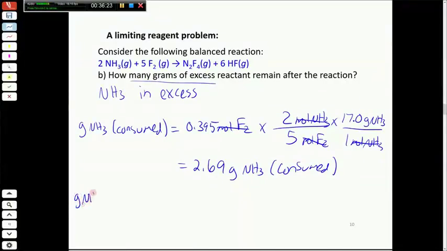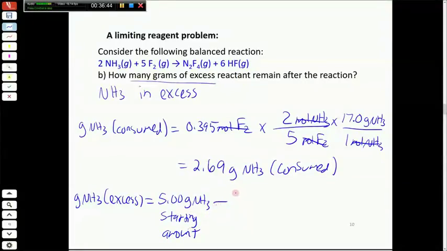So the mass of NH3 that's in excess is the amount we started with. So at the very beginning we told you that we're putting in 5 grams of NH3. So this is our starting amount. We subtract out the amount that is consumed in the reaction, which we just determined was 2.69 grams.